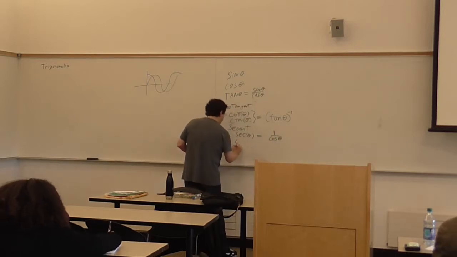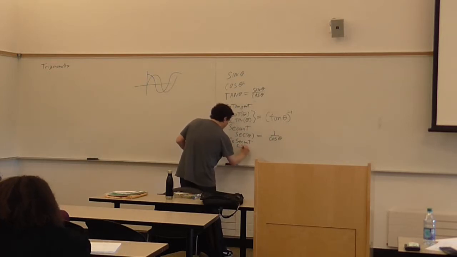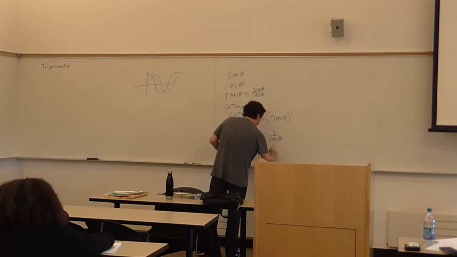And the cosecant, so I'm going to write this out, the cosecant, which is abbreviated CSC of theta, which is 1 over the sine of theta.